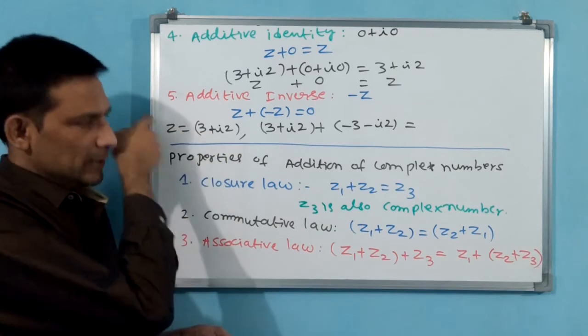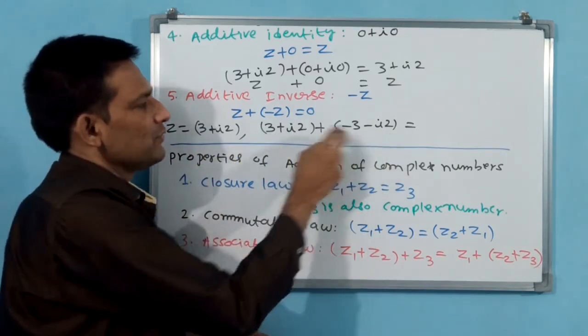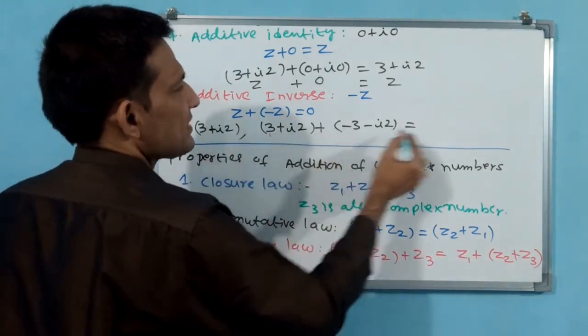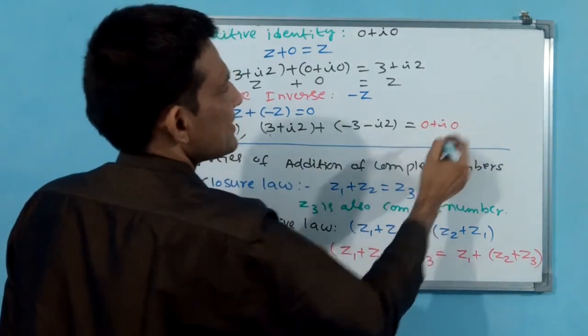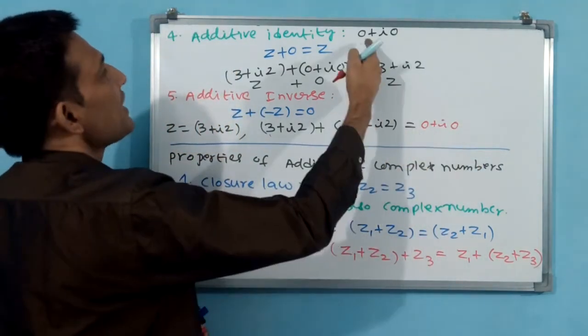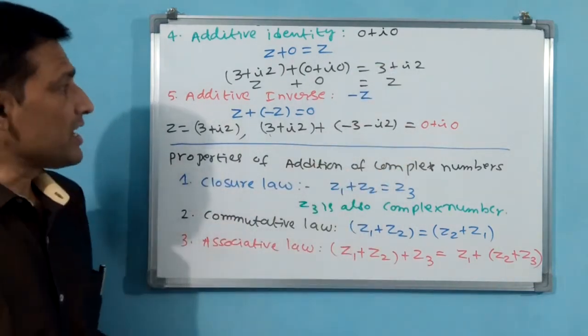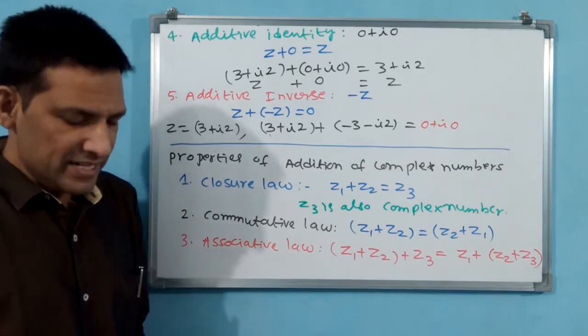Minus I have sent inside. You see, minus 3 minus i2. Now you add: 3 minus 3, 0. 2 minus 2, 0. That means this is the additive identity, 0. That means here minus z is the additive inverse.